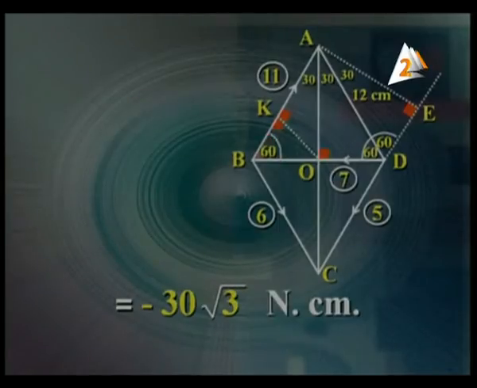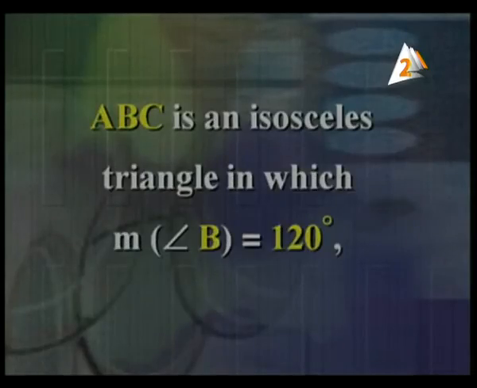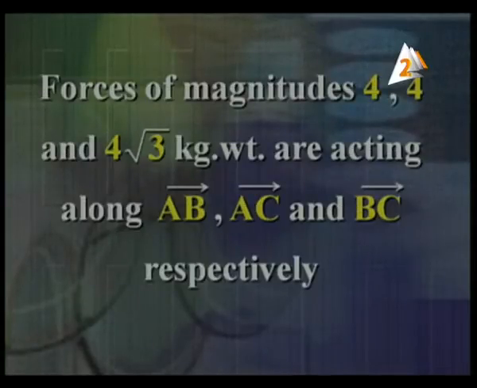Let us take another one. ABC is an isosceles triangle in which the measure of A equals 120 degrees. Forces of magnitude 4, 4, and 4 root 3 kilogram weight are acting along the sides AB, AC, and BC, respectively.